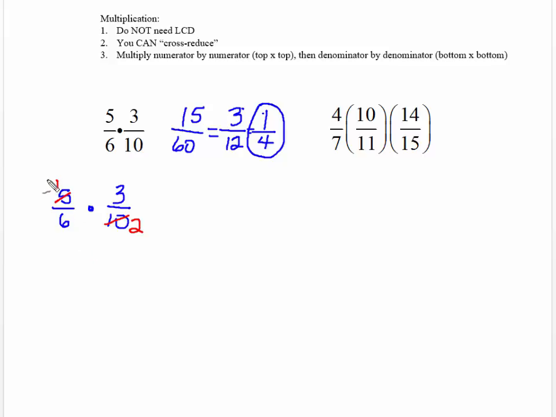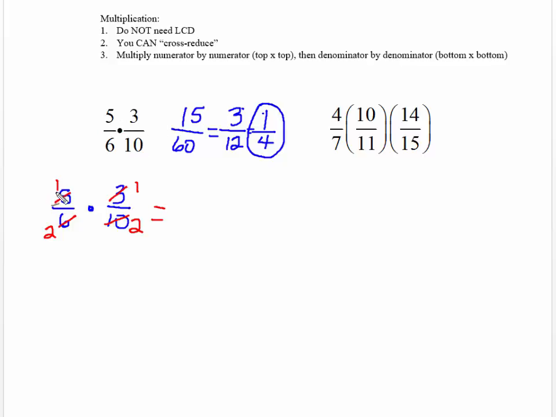So if you see now, in order to multiply across, I have a lot smaller numbers already. This is really handy. So then I'm looking for other things. I'm looking here that 3 and 6 also have a common factor of 3. 3 goes in here once, 3 goes in here twice. So now when I'm at that step 3, multiplying across, I'm multiplying much simpler numbers. Now granted, 5 times 3 in my original wasn't that complicated.